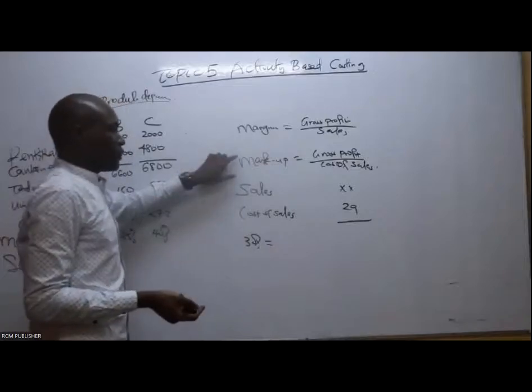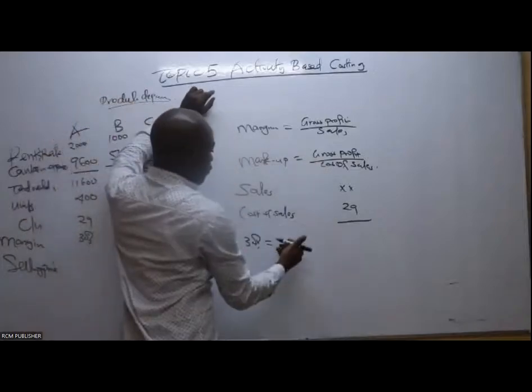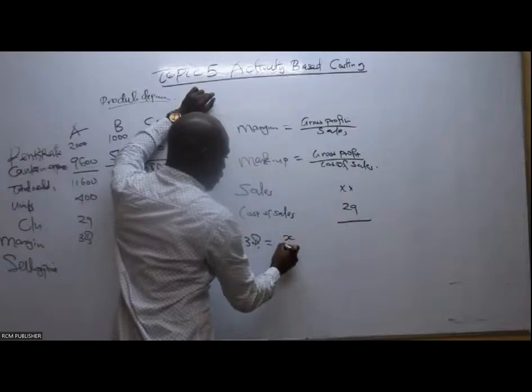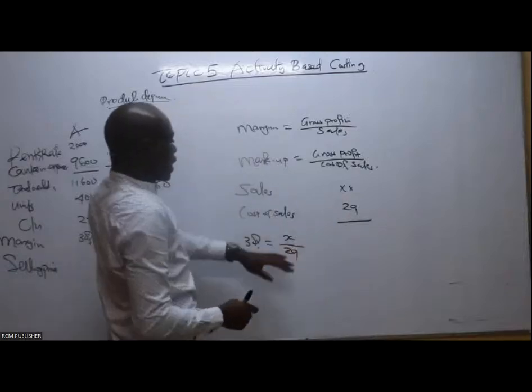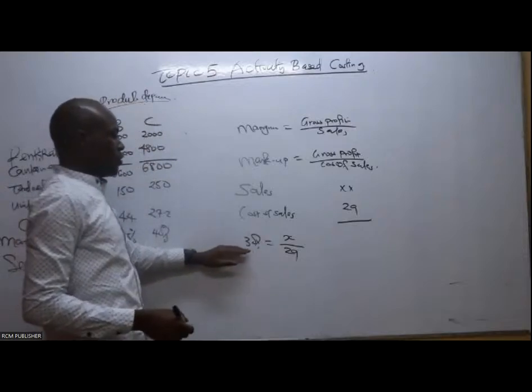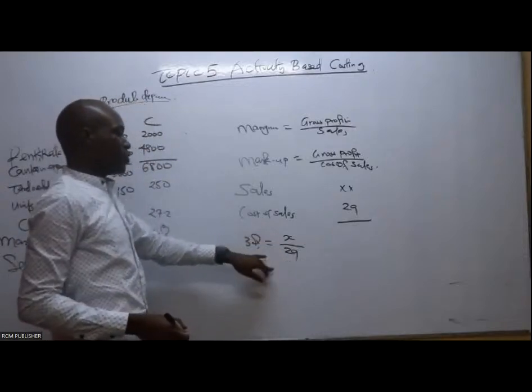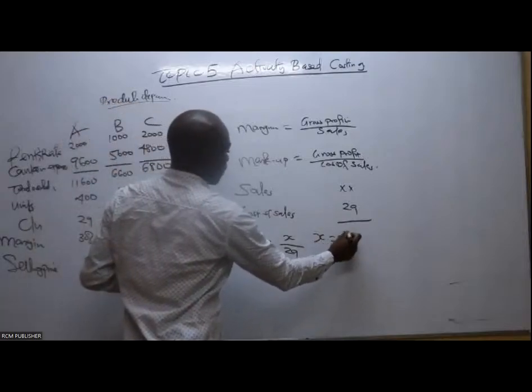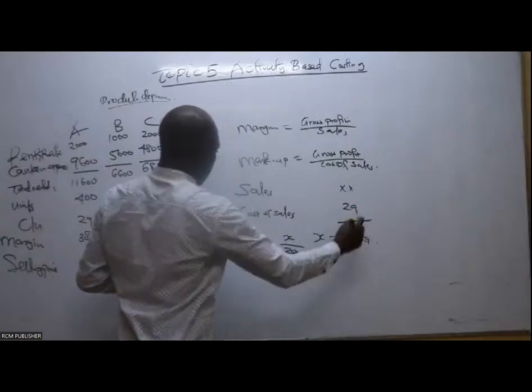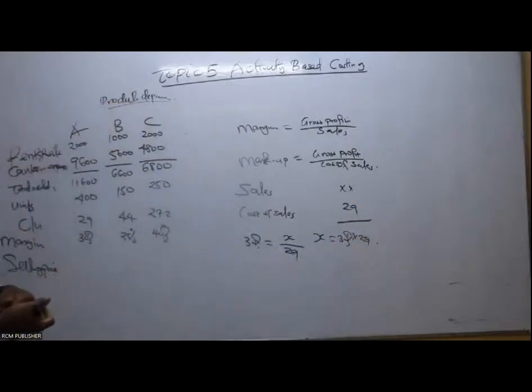We have gross profit, which we do not know, and cost of sales, which is already 29. If I divide it by 29, I'm going to get 30%. So my X is equivalent to 30% multiplied by 29 for me to be able to get gross profit.